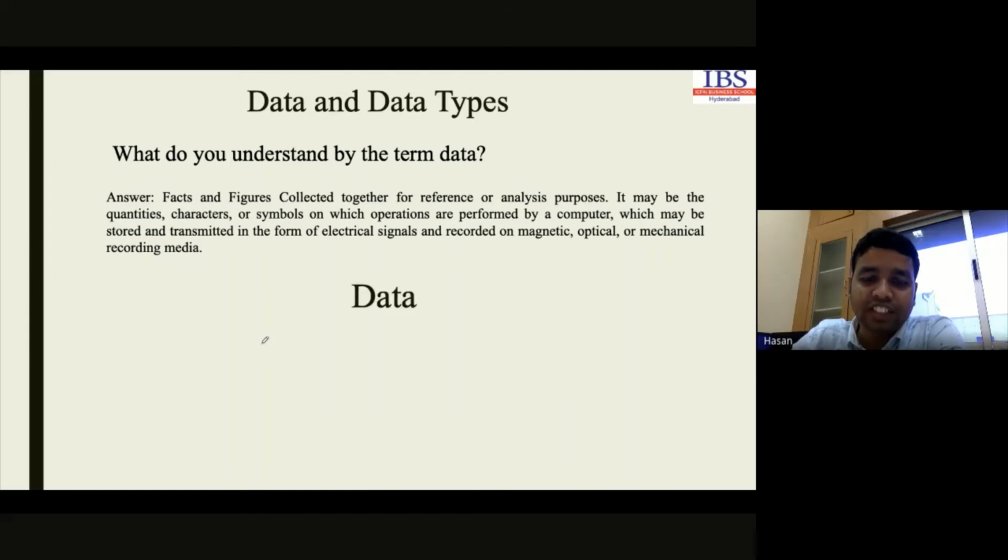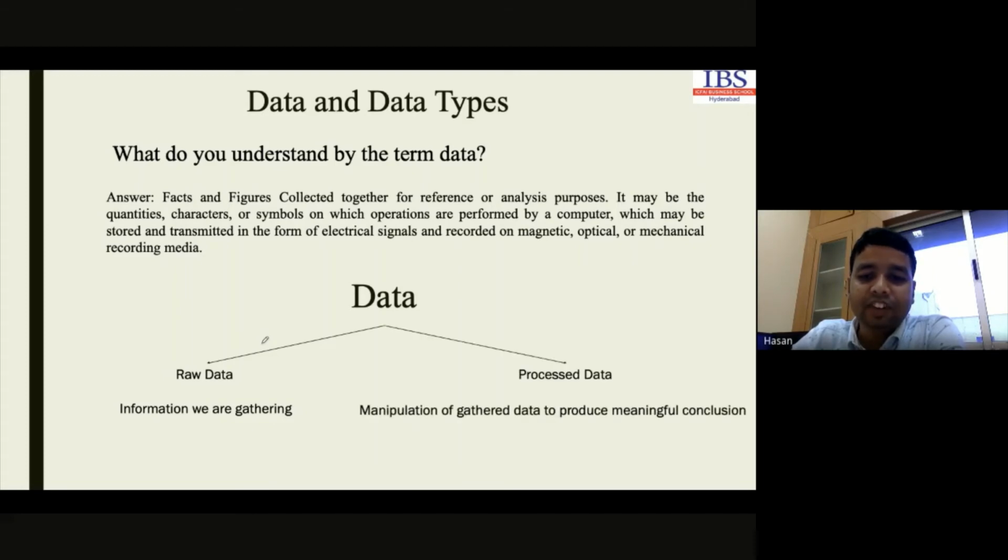So the very first one is raw data and processed data. What do you mean by raw data? Raw data indicates whatever we have gathered. No matter whether it is validated or non-validated, whatever we have gathered is raw data.